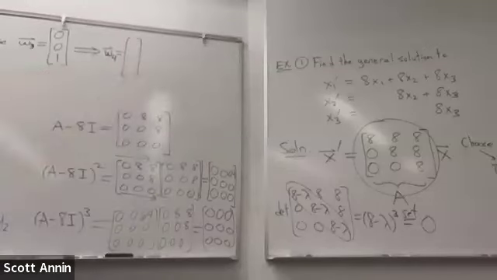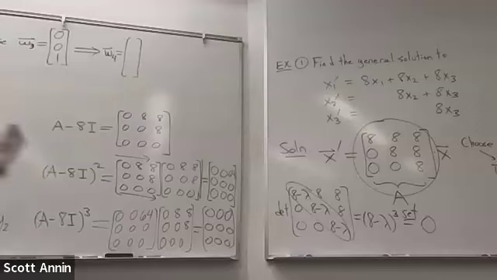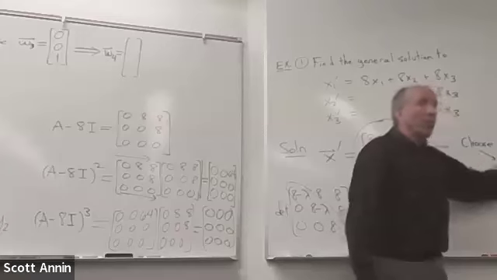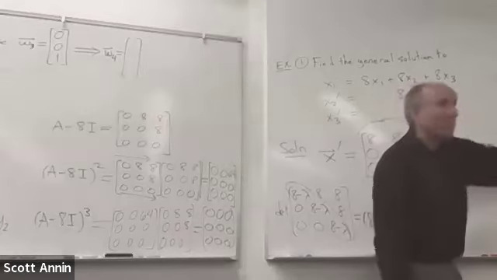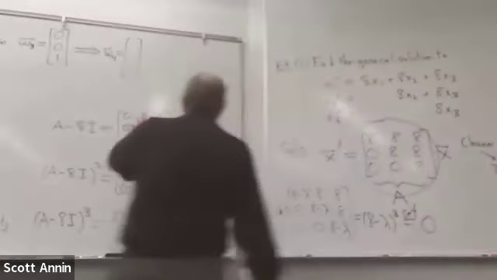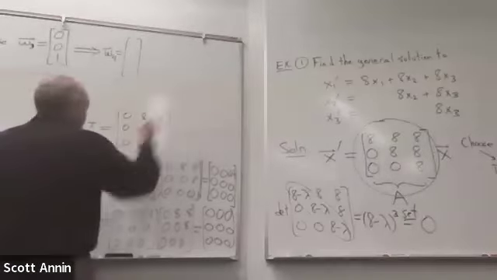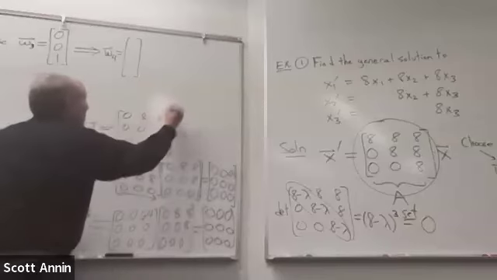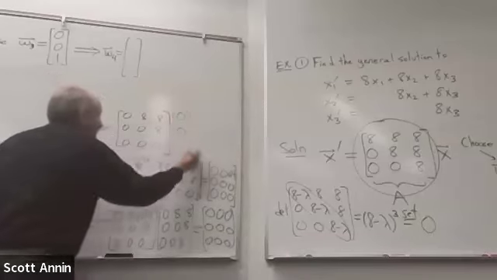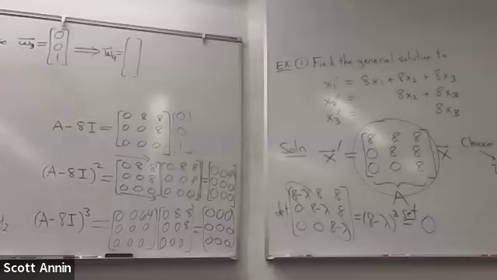If I forget what W4 is, I go back to my diagram. It'll show me where I'm at. To get W4 from W3, I'm just going to multiply by A minus lambda I. So here is A minus lambda I. I'm going to multiply this by 0, 0, 1 because that was what W3 was.